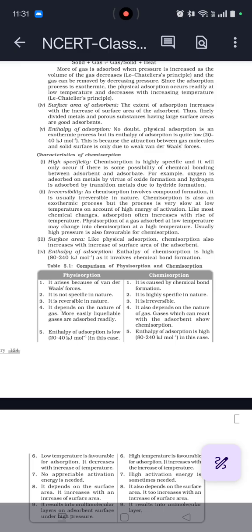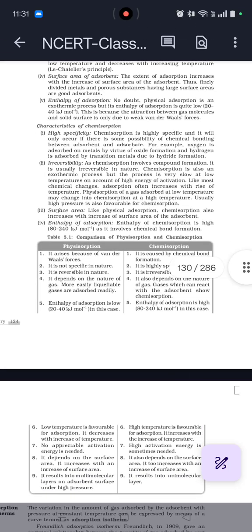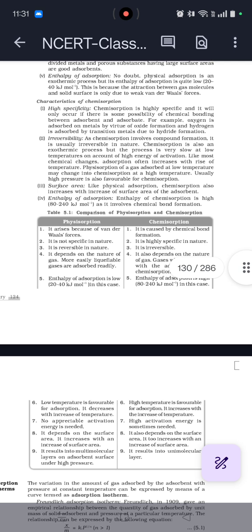Enthalpy of adsorption. No doubt, physical adsorption is an exothermic process, but its enthalpy of adsorption is quite low, 20 to 40 kilojoule per mole. This is because the attraction between gas molecules and the solid surface is only due to weak van der Waals forces.